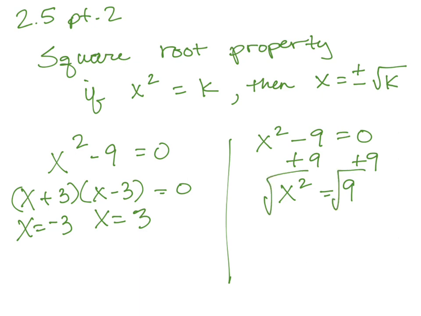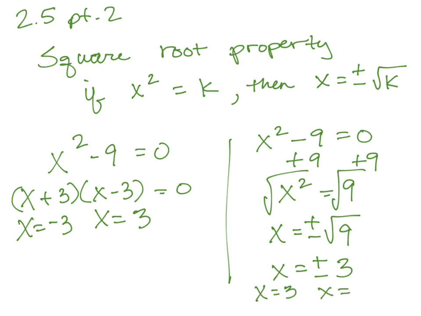When I square root both sides, I'm left with x is equal to, and I want you to consider that every time you take the square root, you are considering both the positive and the negative option that could have made that number, right? So plus or minus the square root of 9. Well, what is the square root of 9? 3. So x must be equal to positive or negative 3. If you broke that down, you could see x equals positive 3, x equals negative 3, which is the exact same thing we had over here.